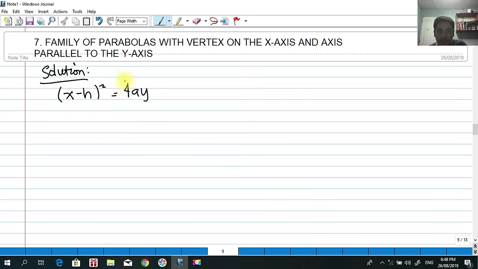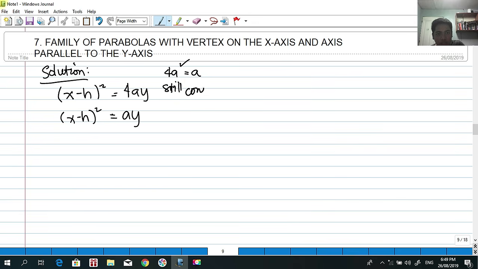Remember, that's the latus rectum. That is a constant. So we can actually replace 4a with simply a, because 4 times a constant would always be a constant. So might as well replace that simply by a, because it's still a constant.